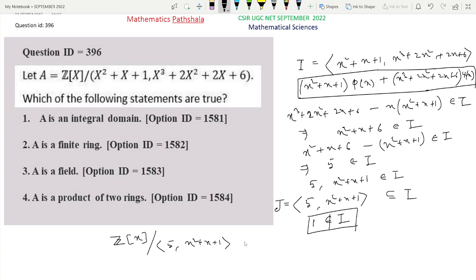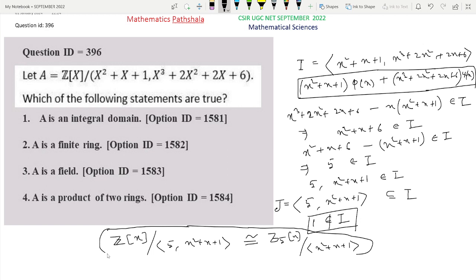This quotient ring is isomorphic to the quotient ring Z5[x] by the ideal generated by the polynomial x square plus x plus 1. This theorem we have proved in one of our videos in abstract algebra. Just see this result from there.